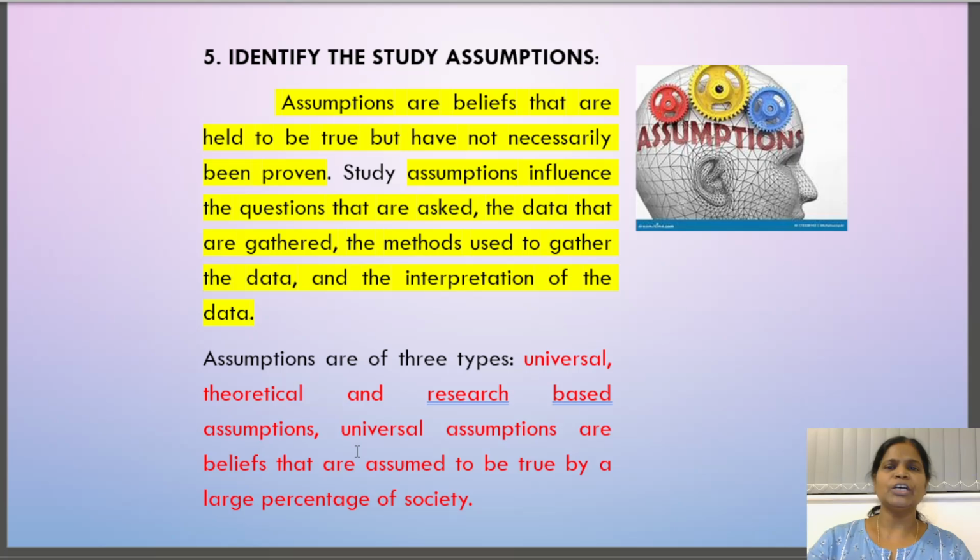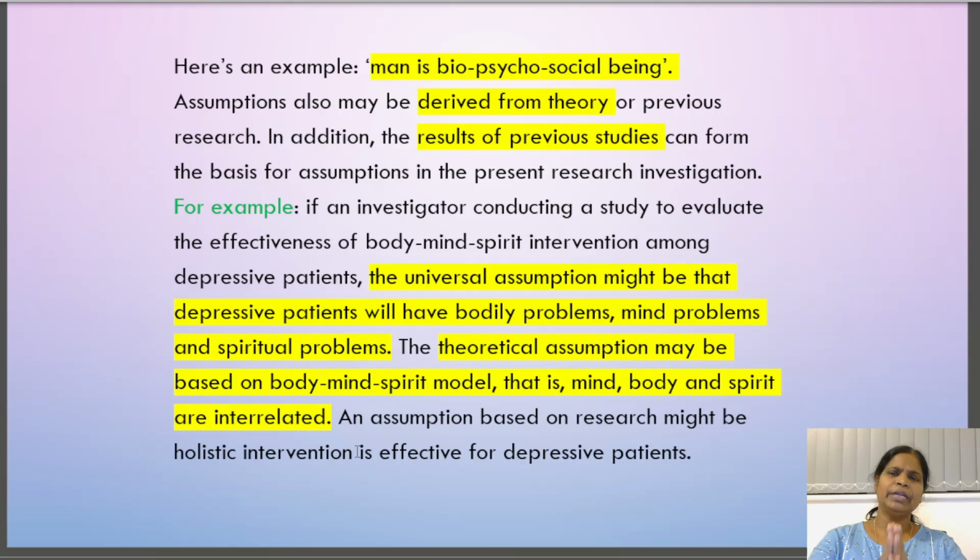So when the majority of people believe, we say it is a universal assumption. Here we take an example like mind body spirit based intervention on depressive patients. That's how we have said. So we believe that man is a biopsychosocial being.